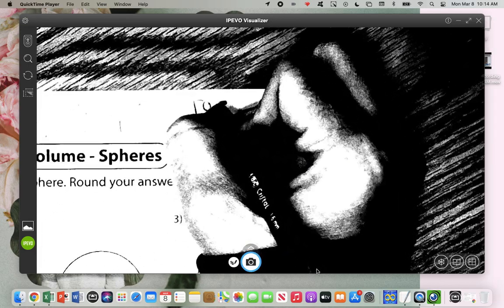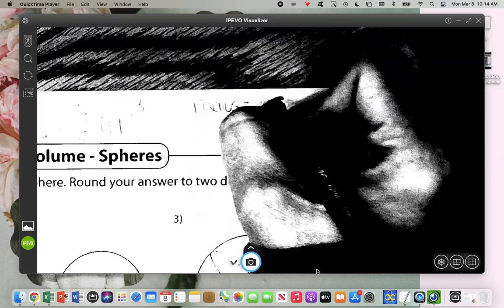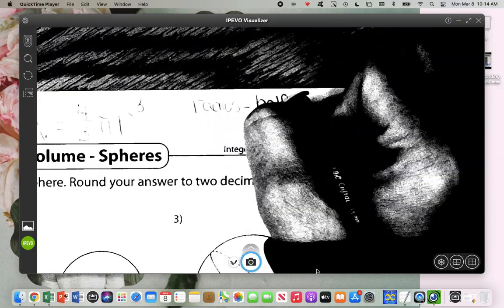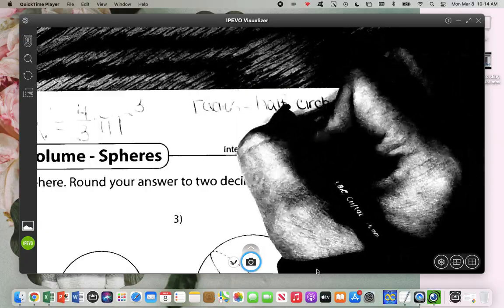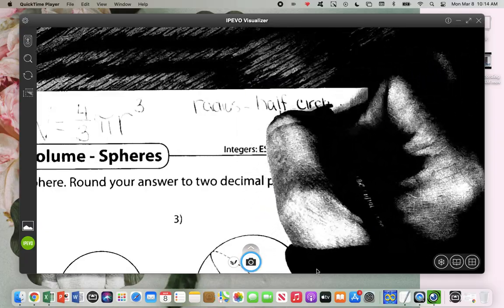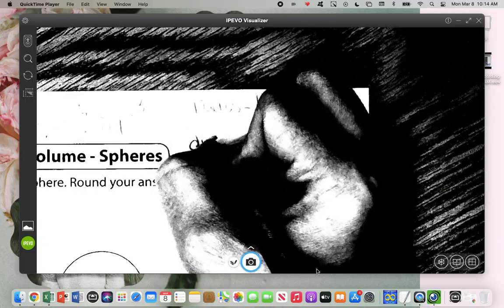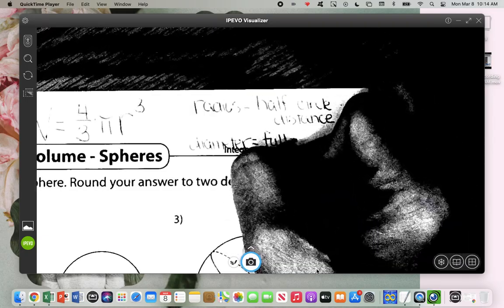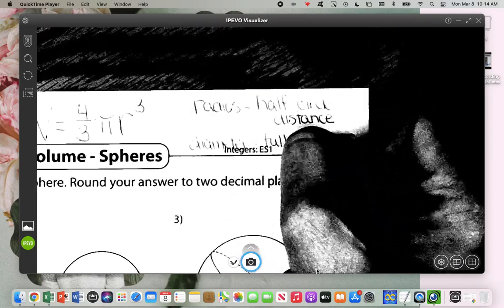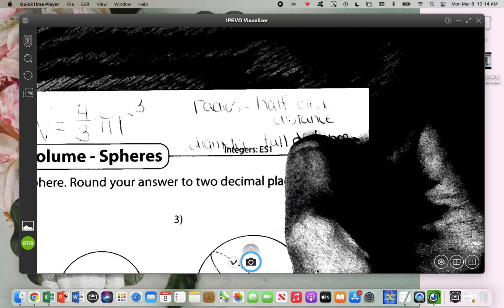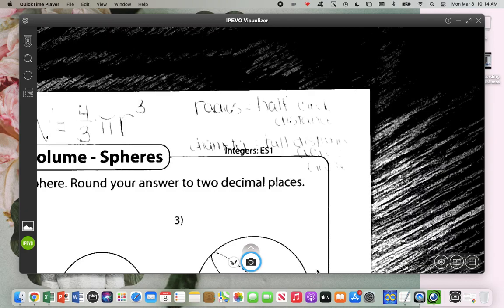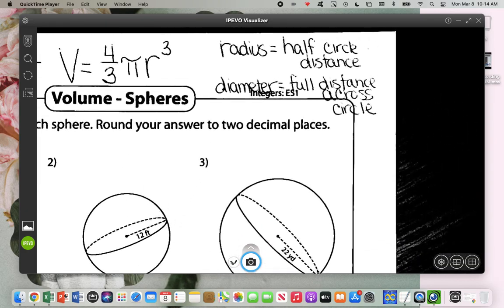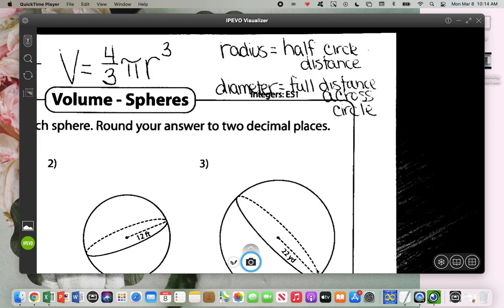All right, so let's write those up at the top just to remind you. The radius is half of the circle distance, and the diameter is the full distance across the circle. I will tell you, everything on this assignment, as of right now as you see it, is revolving around the radius.